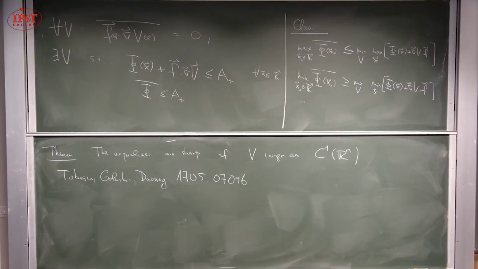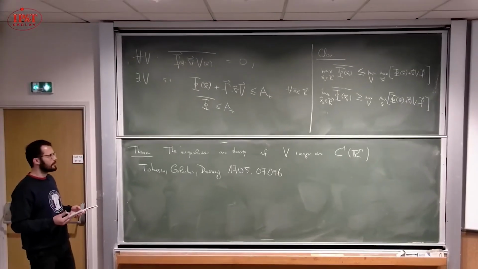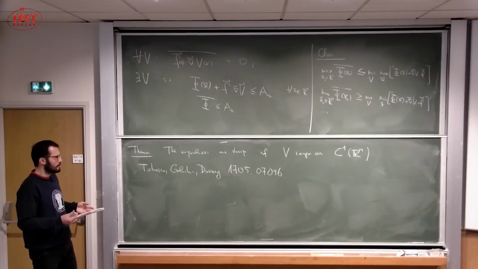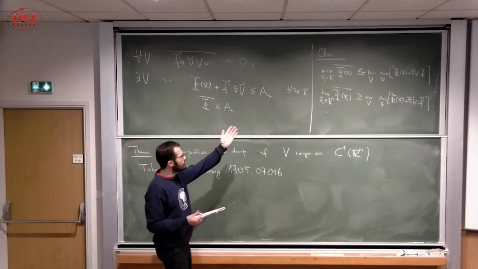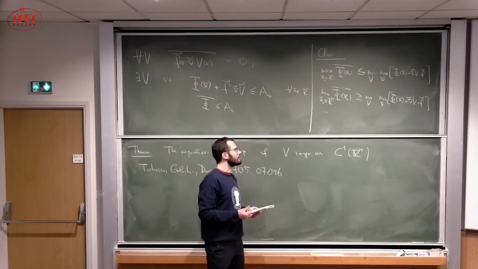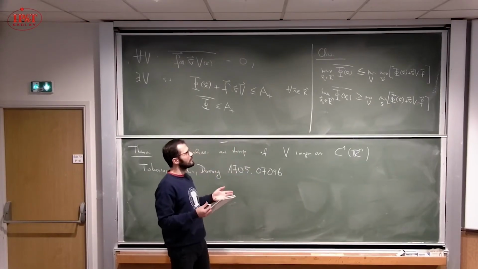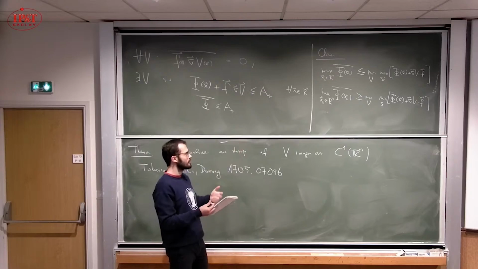So two small questions. Sharp and optimal inequalities, are these the same? Well, it depends on what you mean. In this case, sharp means that they're equal. In some other situations, it could be that the optimal bound doesn't agree with reality, so it's not an equality.